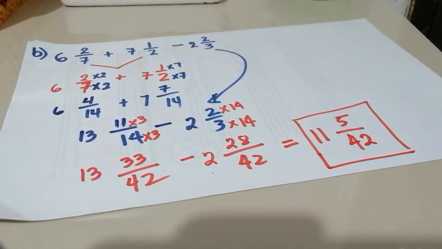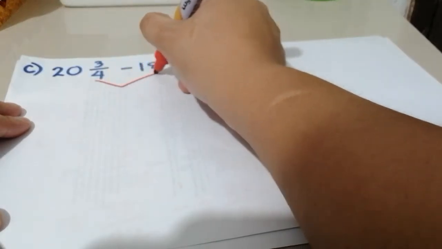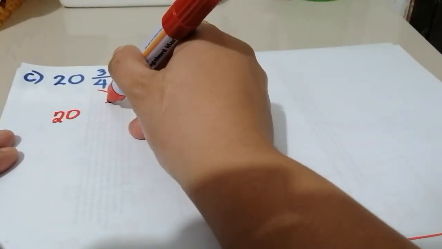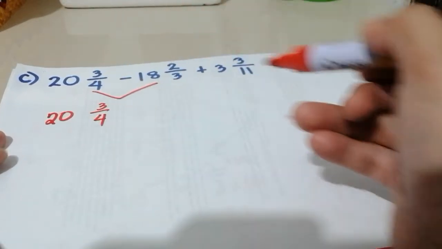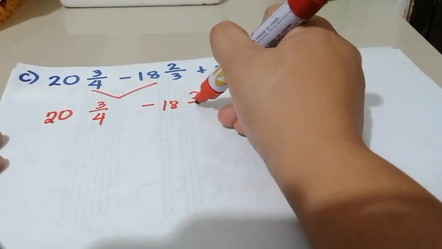Next is this one. So, again, uunahin natin to. Okay, first two. Kung kanina, addition yung nauna, ngayon, subtraction naman. So, we have to rewrite this, 23 over 4 minus 18 and 2/3.